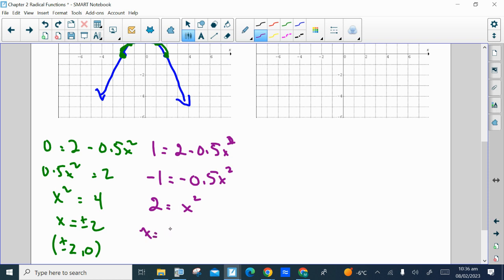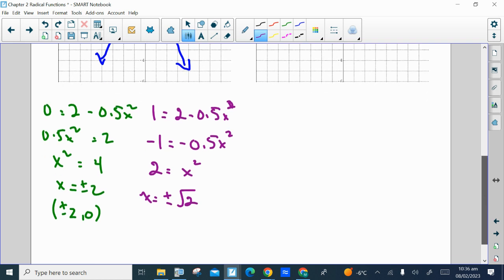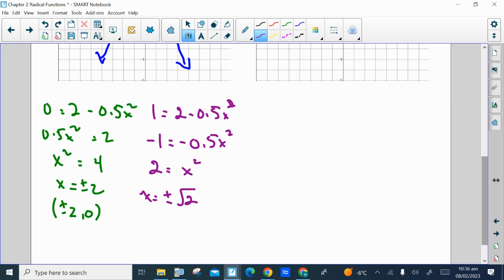And then x will equal the positive and negative root of 2. Again, when you're solving an equation and you take the square root of both sides, there's always the positive and negative. And this was where y equals 1. So those two invariant points are at positive and negative root 2, positive and negative 1.4 approximately, 1.